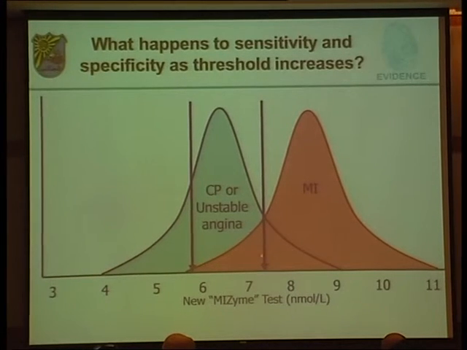What just happened to sensitivity? Sensitivity went down, but what happened to specificity? It went up, okay? And then we go up here, what just happened to sensitivity? Now sensitivity is almost down to 30. And what happened to specificity? Now that's 100%. So what you have is this trade-off between sensitivity and specificity for every single test.